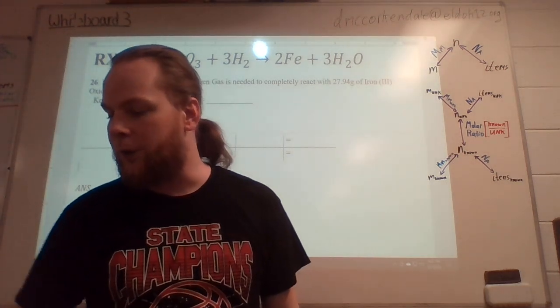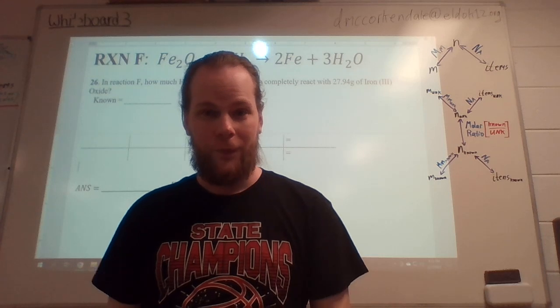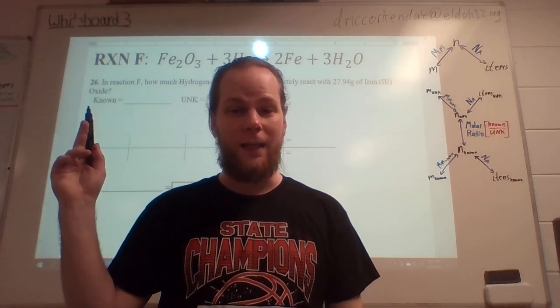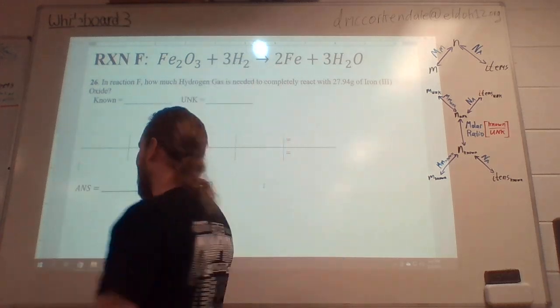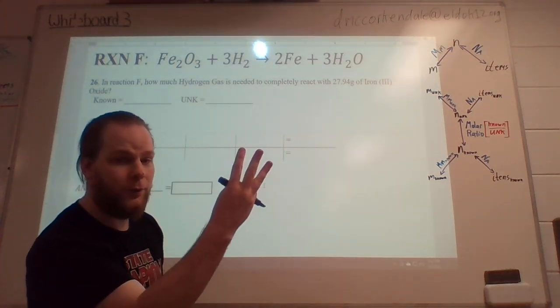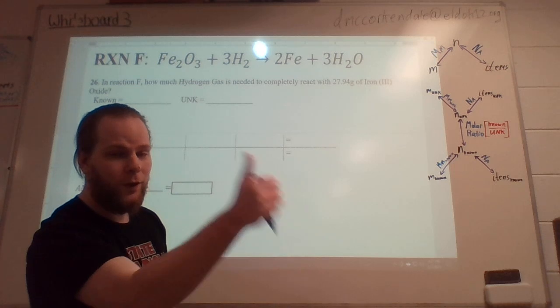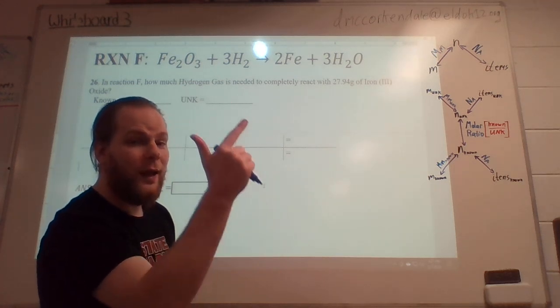That is our known. Now what I want you to do is to actually make a list here, known equals, and write it down. And you want all three components: the number, the units, and the formula.